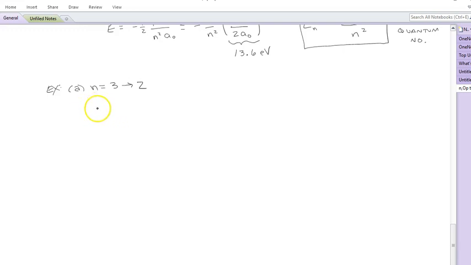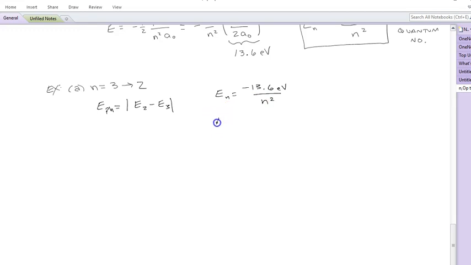Okay, so the energy of the photon is just going to be the difference between the final state, that's E2, minus the initial state, which is E3. Okay, so I can just use this formula, right? I mean, if I have the diagram already made with the first 4 or 5 states labeled, I can just use that directly. But I can always use this formula to figure out the atomic energy for a given quantum number n.